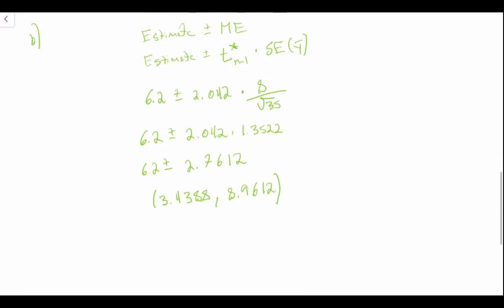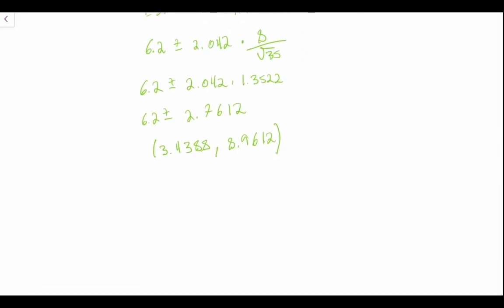So this would be our 95% confidence interval of the lateness of the train. So again, we can put this on a number line if we wanted to. We can set this as time 0. And what we're looking at then is a 95% confidence interval that the train is somewhere between 3.4388 minutes late and 8.9612 minutes late.